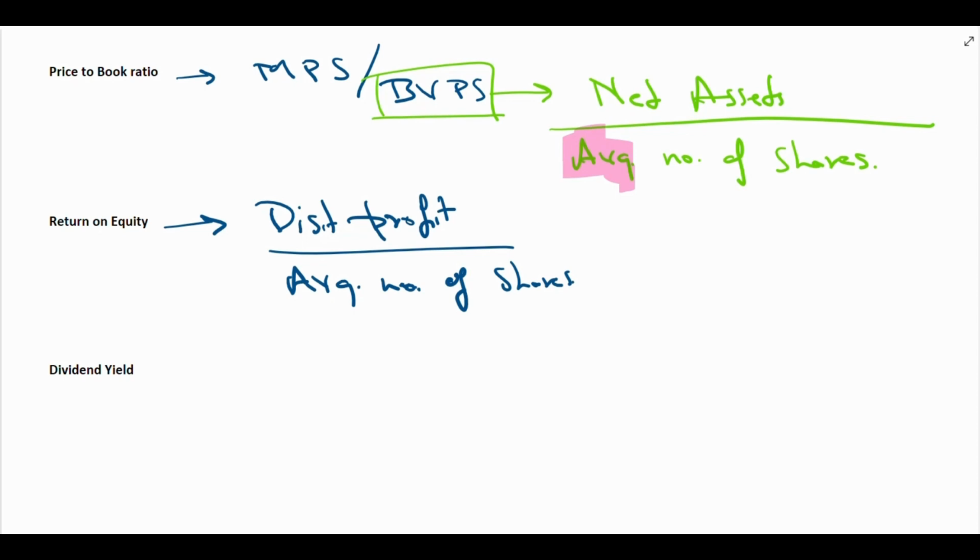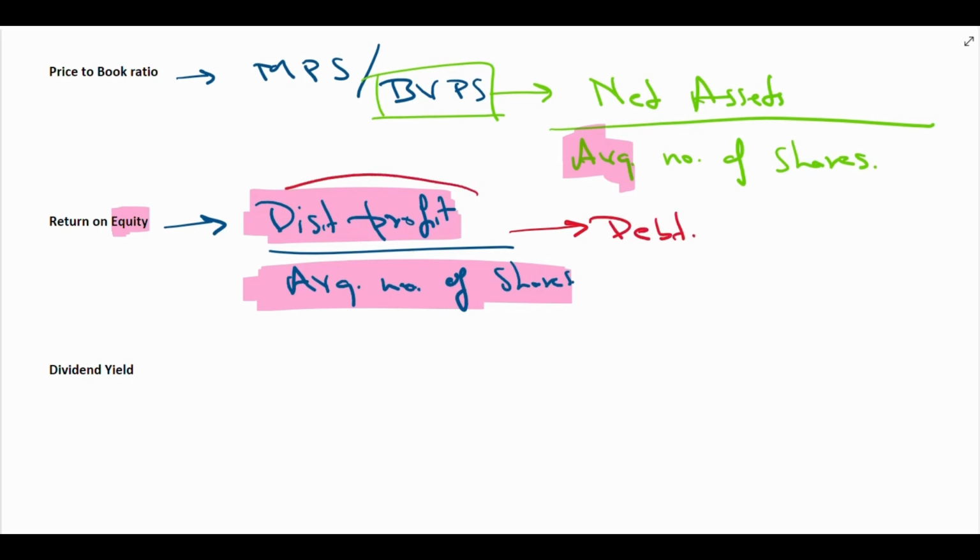But the catch over here is that this is profit. Now, this is just analyzing equity. Whereas the funds provided to the company can also be in the form of debt, right?